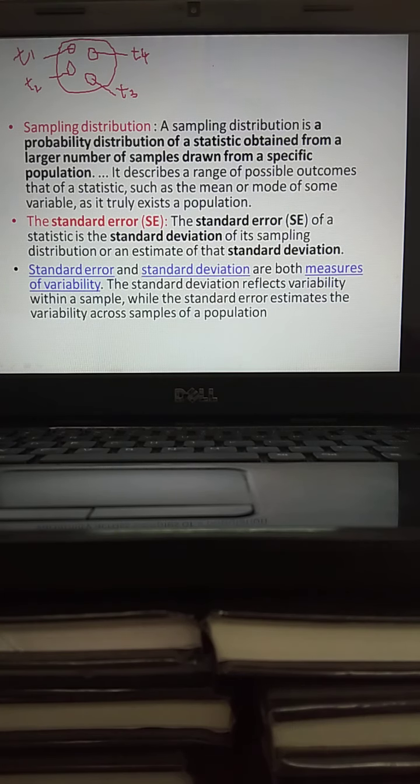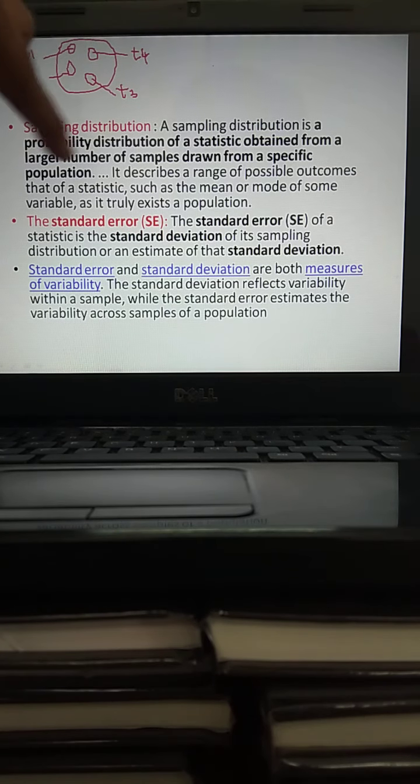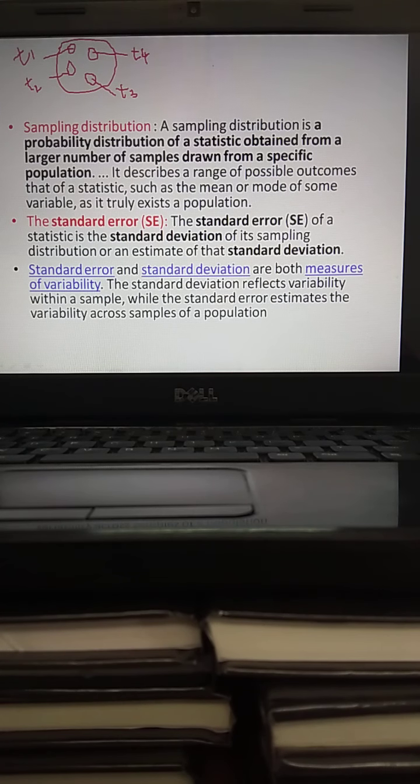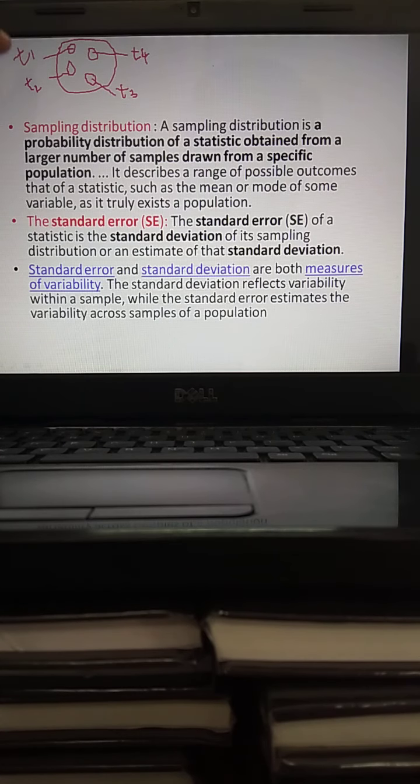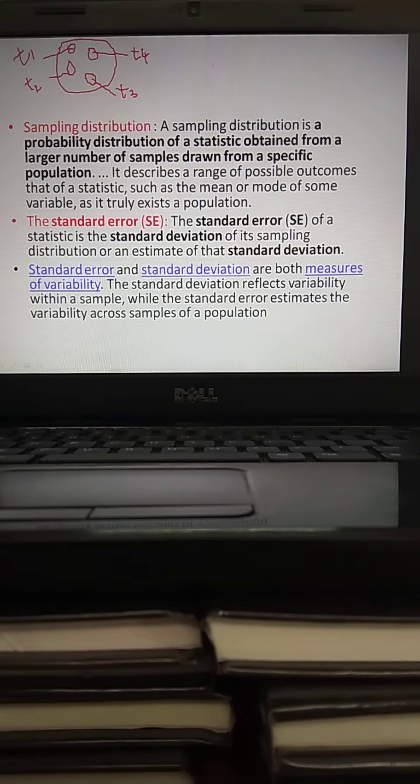The distribution of the sample statistics is known as the sampling distribution. That might be the sample mean, sample variance, sample standard deviation, sample correlation, regression, whatever it may be. The pattern that all these numerical values follow is known as the sampling distribution.